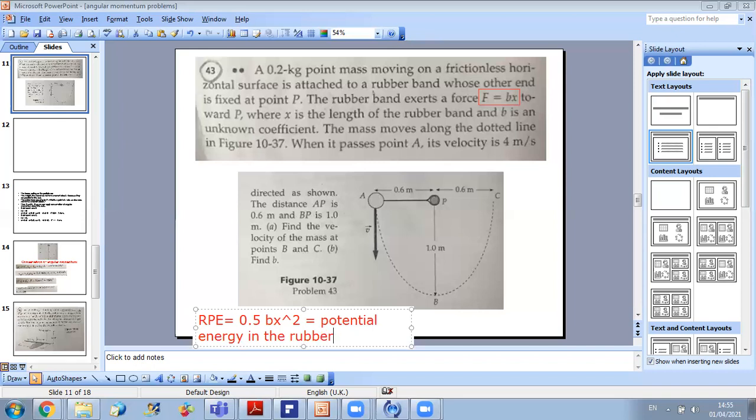First, normal and kinetic energy. Yes, do the normal force and the weight do any work? No. No. Only the rubber does work, and the rubber is like a spring, meaning it's a conservative force. So what can we apply? Then we can apply conservation of mechanical energy. So here I will write it here.